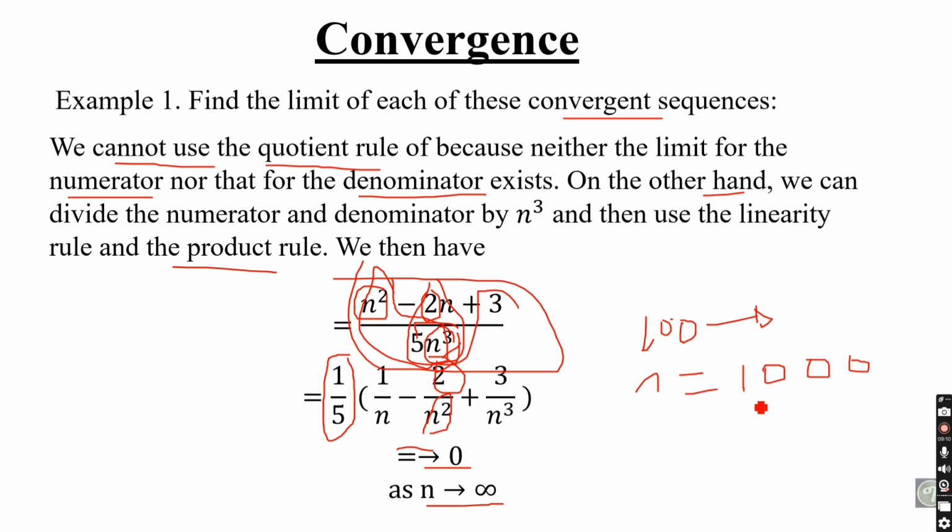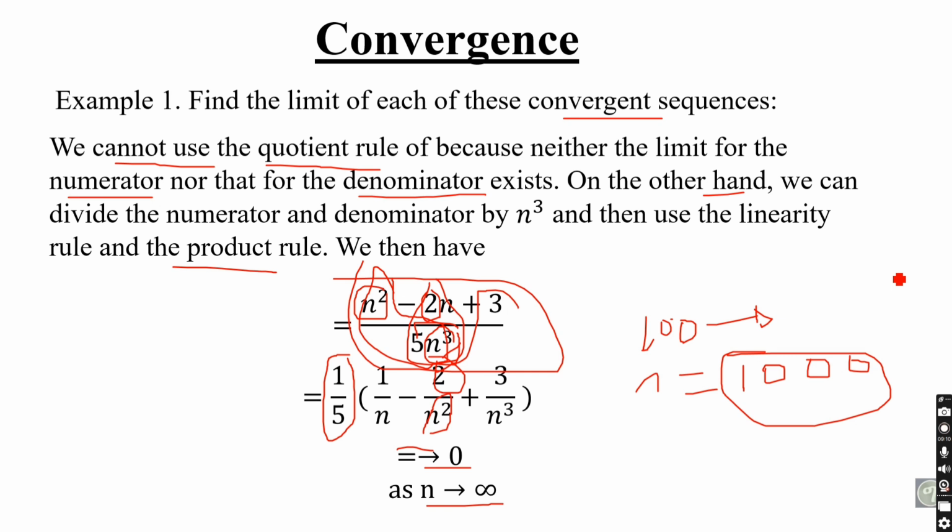With n equal to 1000, 1000 times 1000 is 1,000,000, so 2 over 1,000,000 is approximately 0.000002, plus 3 over n cubed. When we take the cube, it will be a billion, so 3 over n cubed is something like 3 times 10 to the power of minus 9. So it almost approaches 0.